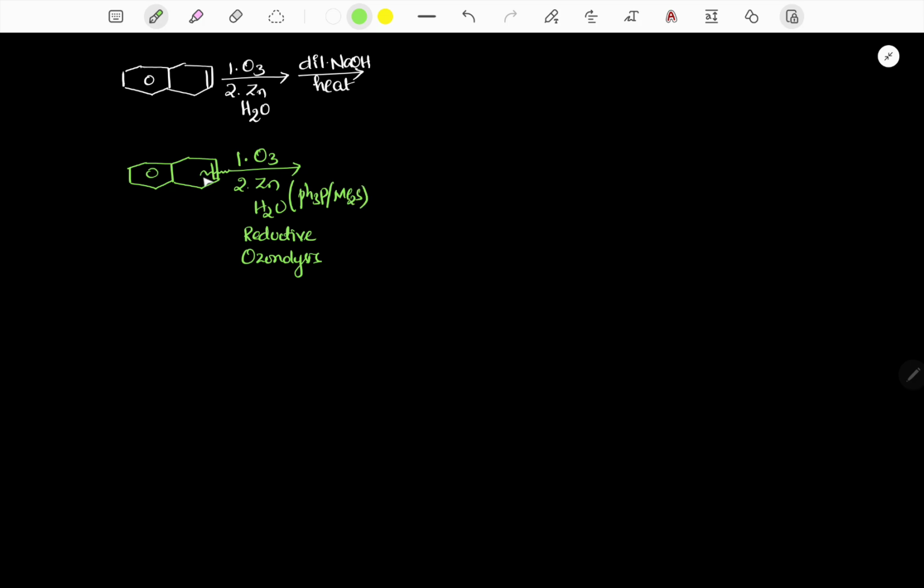So how to write the answer? Simply we cleave the C=C double bond, and write double bond O, double bond O where the double bond was present. It is a reductive ozonolysis.